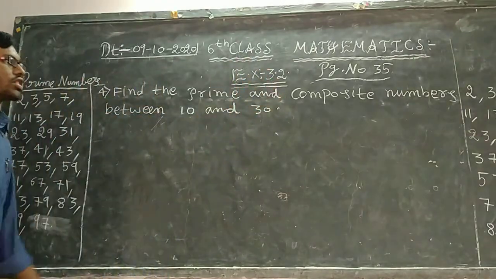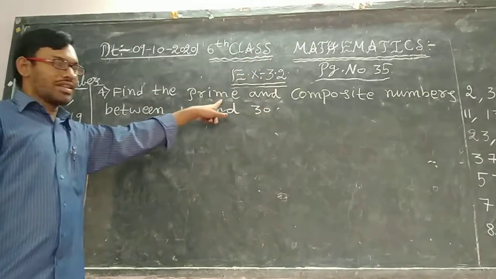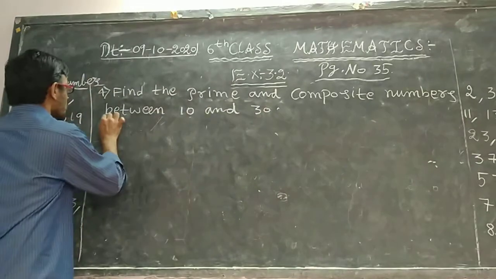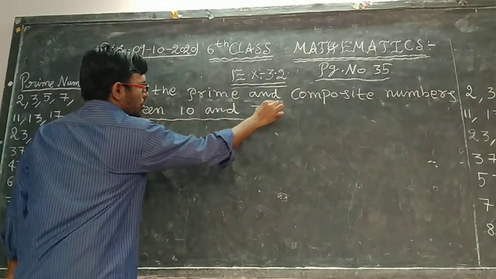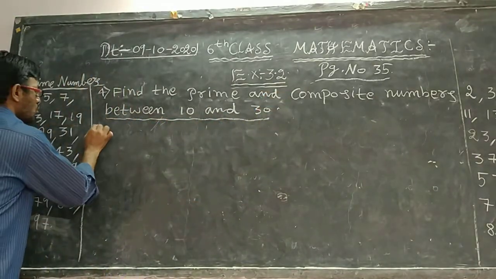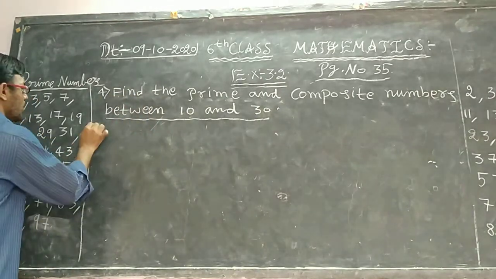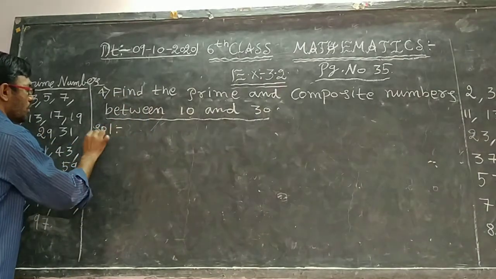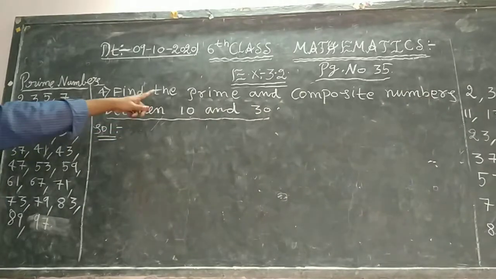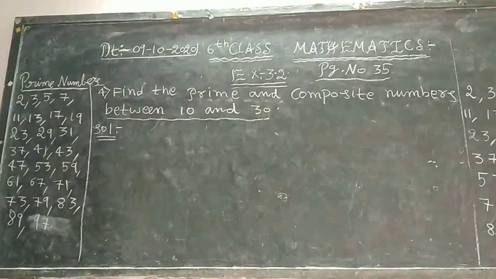Between 10 and 30, you are supposed to find the prime numbers and composite numbers. Between 10 and 30 is the most important part in this one. In between 10 and 30 only you should be. So the first step is to find the prime and composite numbers between 10 and 30.